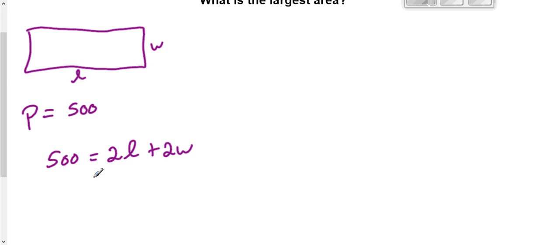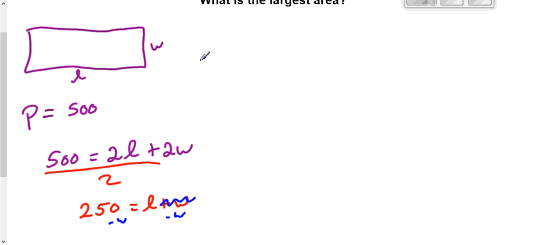So this is where we're going to do some substitution. We're going to solve this either for L or for W. First thing I'm going to do is divide everybody by 2. Gives me 250 is equal to L plus W. Let's solve for L. And we get that L is really equal to 250 minus W. We want to maximize the area, so we're going to use our area formula.